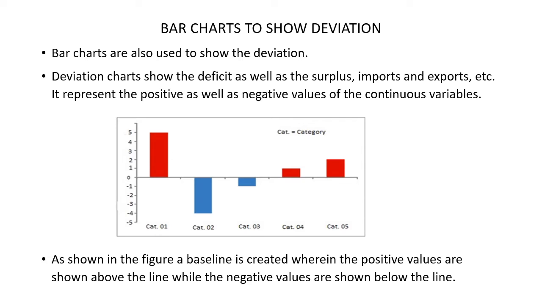Supposing this is a bar chart which shows the surplus and deficit data, then the surplus data will be shown above the baseline in the bar chart, whereas the deficit data will be shown below the baseline in the bar chart. Now, based on all the information given in this bar chart, questions will be asked in the exam.